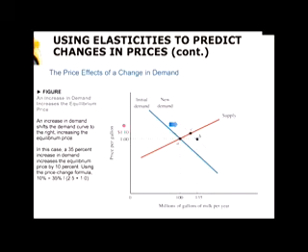How much is the price going to change? Well, in this case, there's been a 35% increase in demand. That's how far it shifted over to the right. And we know that because the horizontal shift of the demand curve was 35%. It went from 100 to 135. So our demand curve has shifted 35%.